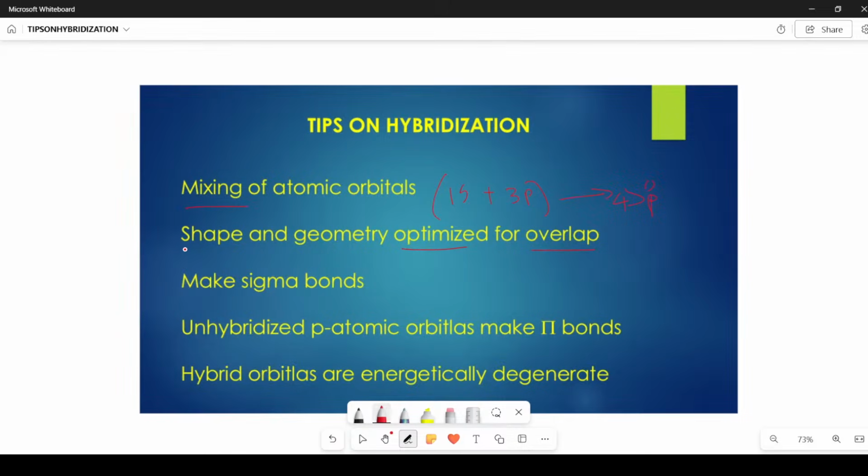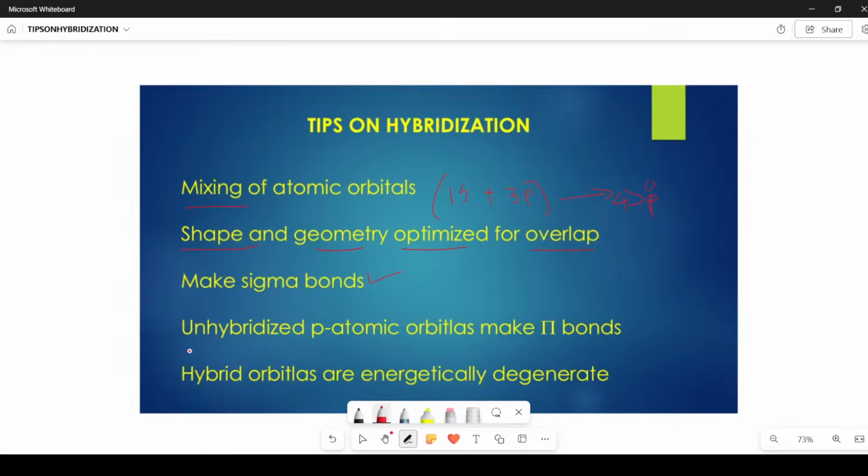When it comes to shape and geometry, they are optimized for efficient overlap to create a sigma bond. So any hybrid orbital always makes a sigma bond. For example, an sp3 hybridized orbital combines with the 1s atomic orbital of a hydrogen atom, forming a sigma bond.